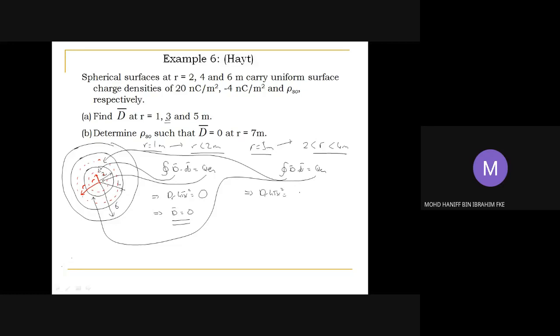So the enclosed charge can be simply written as the integration of rho s dS, and further on we will have Dr 4 pi r squared equals rho s, which is 20 nano, times 4 pi times 2 squared. This is the charge amount for the 2 meter sphere.